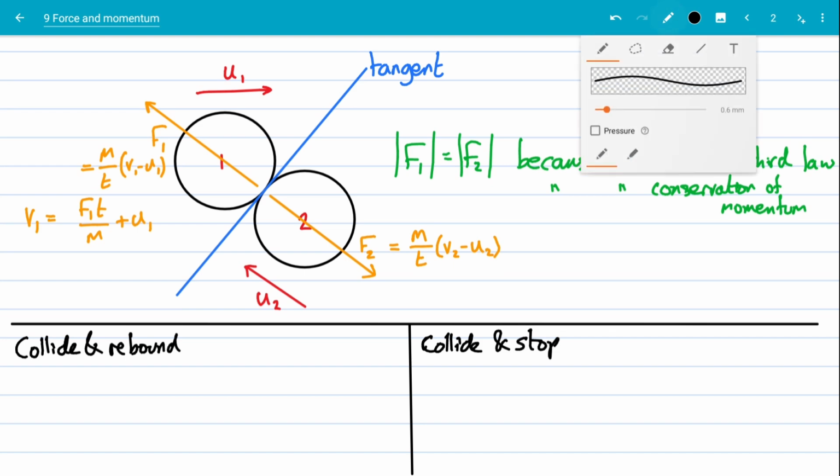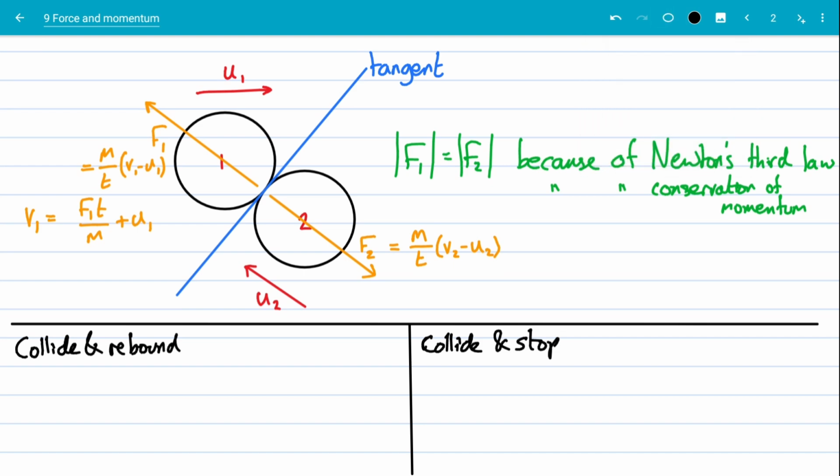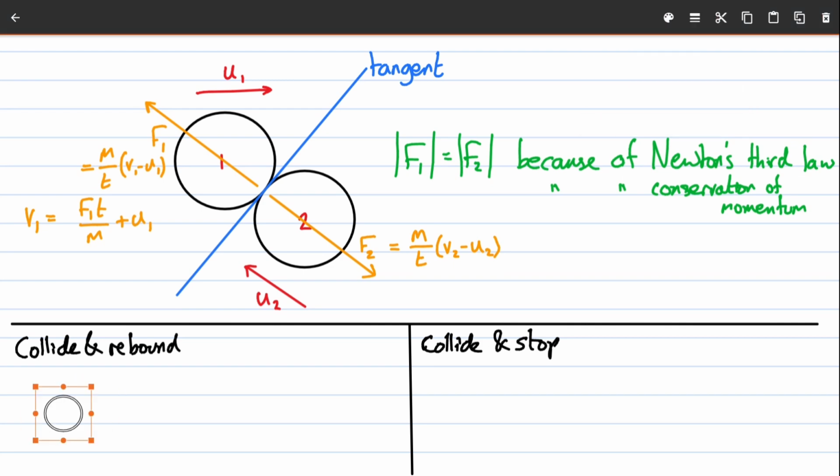Well, if we collide and rebound, we've got before and after. We've got our velocity before and our velocity after. And let's copy this circle so it's exactly the same. Velocity before and velocity afterwards. And yet if it collides and stops, then we have our velocity before and then 0 afterwards.